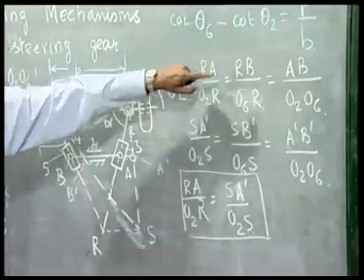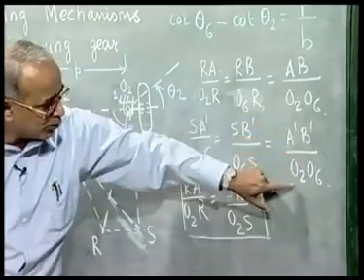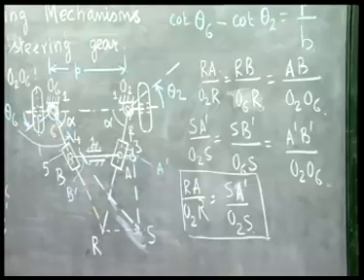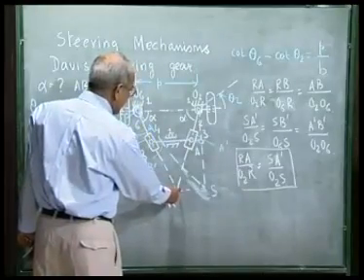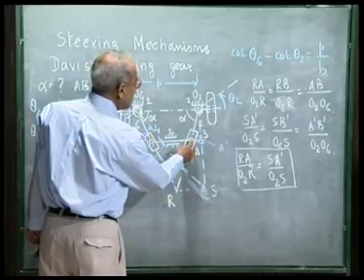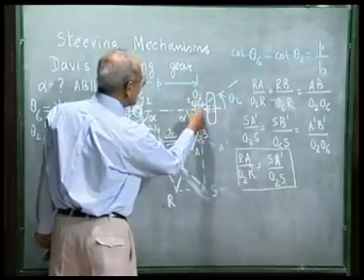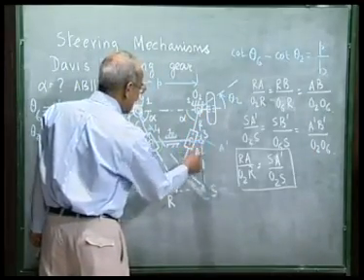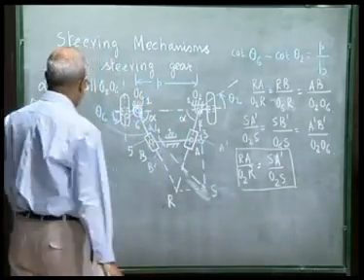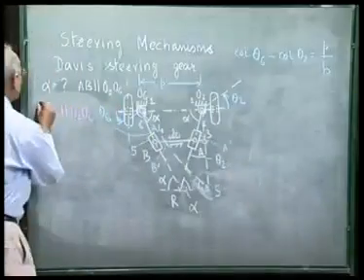RA by O2R is AB by O2O6, and SA prime by O2S is A prime B prime by O2O6. AB is the same as A prime B prime, so this is equal to this. Now, if RA by O2R is the same as SA prime by O2S, then I can say this line A prime is parallel to RS, which means RS is also parallel to O2O6. So we have just proved that this line RS is parallel to O2O6.